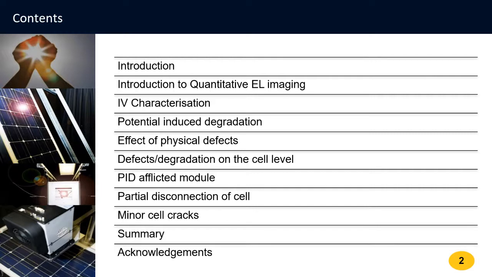A brief introduction into potentially induced degradation, the theory thereof, the effect of some physical defects such as cracks or disconnections, how these defects or degradation affects the cells within a module, and then I'll finally get to my results with a potentially induced degradation afflicted module, a module with a cell that has a partial disconnection, that is, two of the bus bars are not properly connected or have electrical contact, and then a module with a cell with a minor set of cracks. Okay, and then I'll summarize and make my acknowledgements.